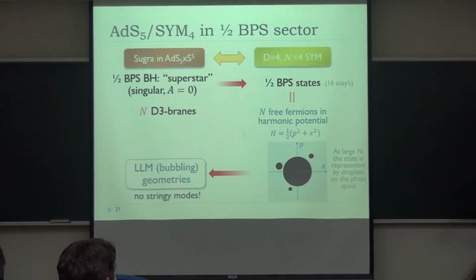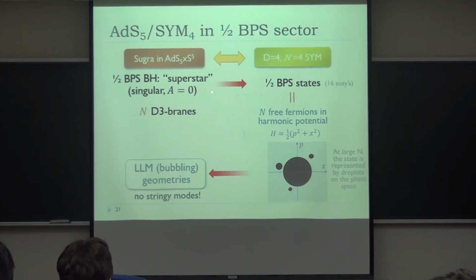Super just means supersymmetric, and it's a point-like object, and it's actually singular. So this is not the actual black hole, but it's a singular limit of the black hole. So you make the size of the black hole smaller, and then when the area is 0, this is still singular, and it is called the superstar solution.